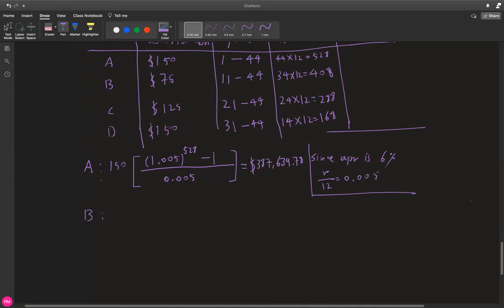The plan B. So what we calculated here is that we're assuming this plan A, you're simply making a contribution of $150 for 44 years. That's all there is to it. And when plan B kicks in, we're simply adding an additional contribution of $75, and everything else really stays the same. So the APR stays the same, and the number of months in this case was 408 months.